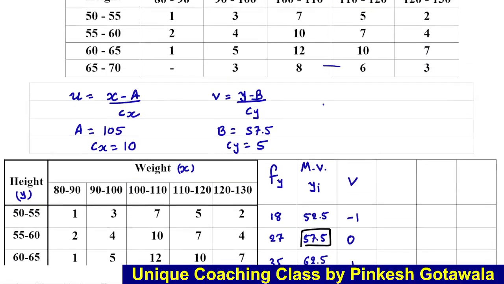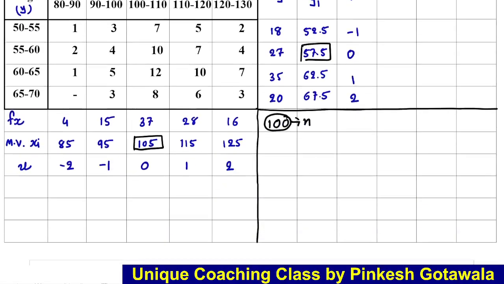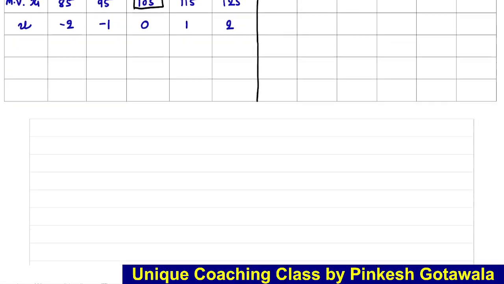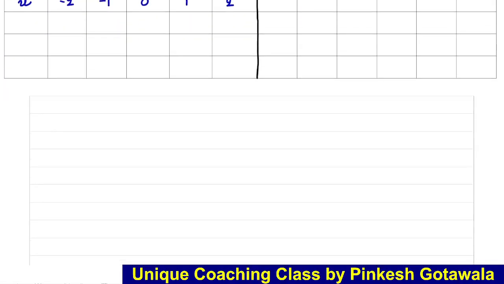Next columns we prepare are uv, then u square and v square. But before that, come to the formula. Now this is not the same formula as we use in ungrouped data. Here our formula has changed. Let's write the formula. I explained the formula in a previous video.